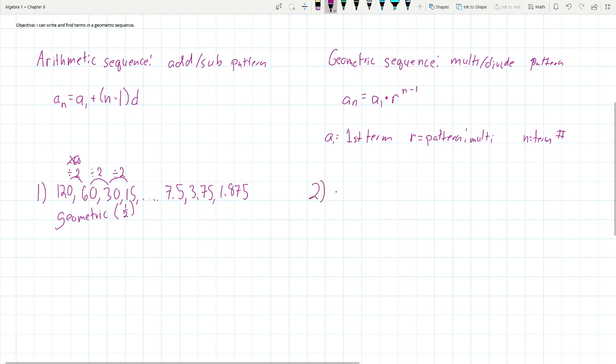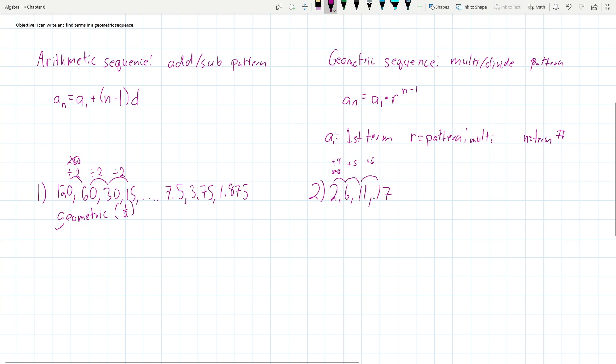All right, let's look at number 2. Number 2 goes 2, 6, 11, 17. So we go from 2 to 6. This is adding 4 or multiplying by 3. To go from 6 to 11, we're adding 5 or nothing. It seems to have a pattern of adding, but it's not the same pattern.